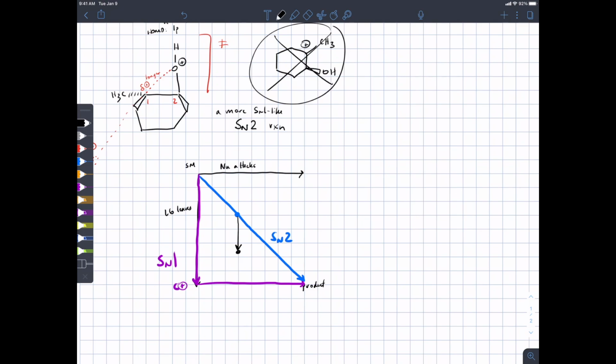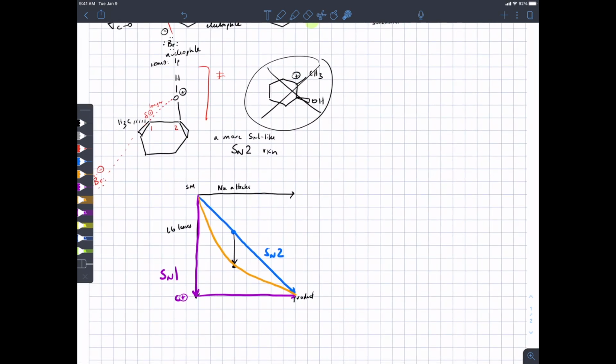The new transition state would be here, and the new mechanism doesn't get to a carbocationic intermediate, but the transition state it goes through has a much larger percent of leaving group left, and therefore a much larger amount of partial positive charge on the carbon that the leaving group is leaving from.